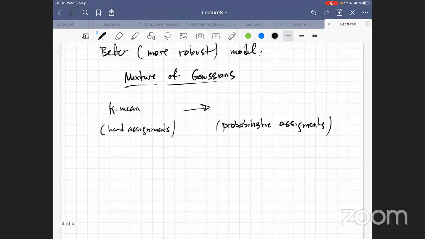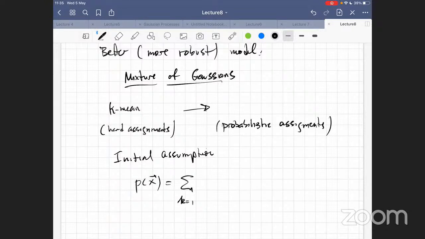The initial assumption here is the following: I have my data that came from a mixture of distributions, or a mixture of Gaussians in this case. So I will have k components, k different Gaussians. And each of these Gaussians will have, of course, a centroid and a variance, a covariance matrix. So that's why this is called a mixture of Gaussian model.